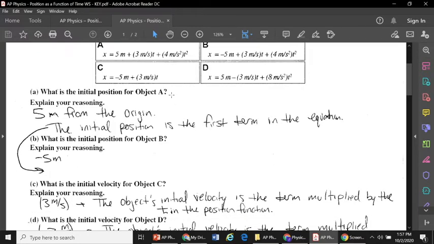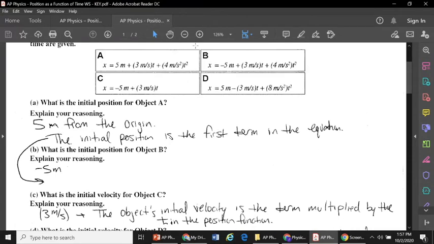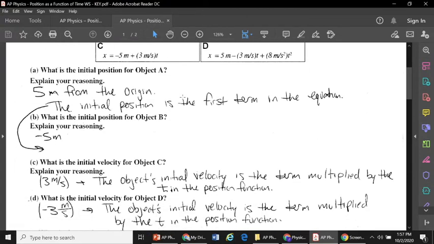And D asks, what is the initial velocity for object D? And the initial velocity for object D is -3 meters per second. Notice that the template for the position function says x equals x naught plus v naught t.